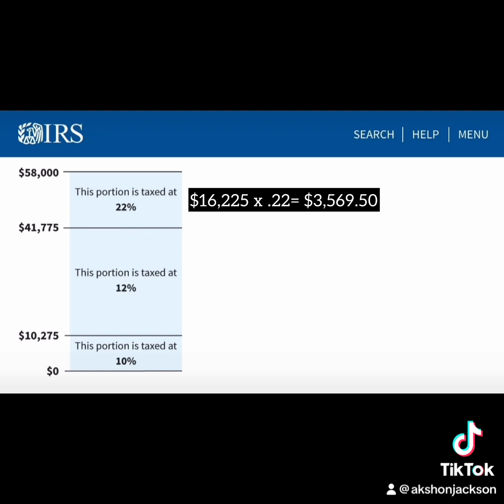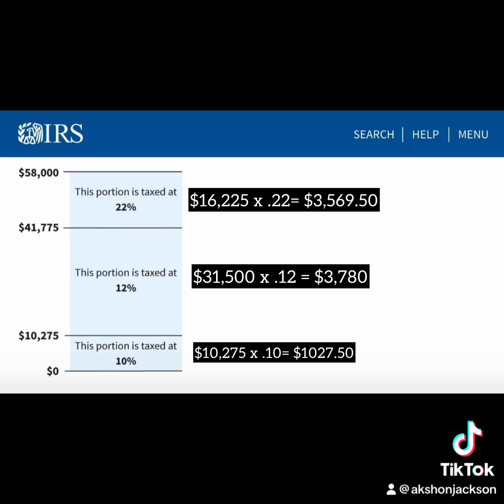At this point, we've used up $41,775 of the $58,000 income. You subtract those two numbers, you get $16,225. Multiply that portion by 22% and you get $3,569.50. So you see, you only get taxed on the amount of money in each tiered bracket. As you make more money, you get taxed more on the amount that's in that bracket above.